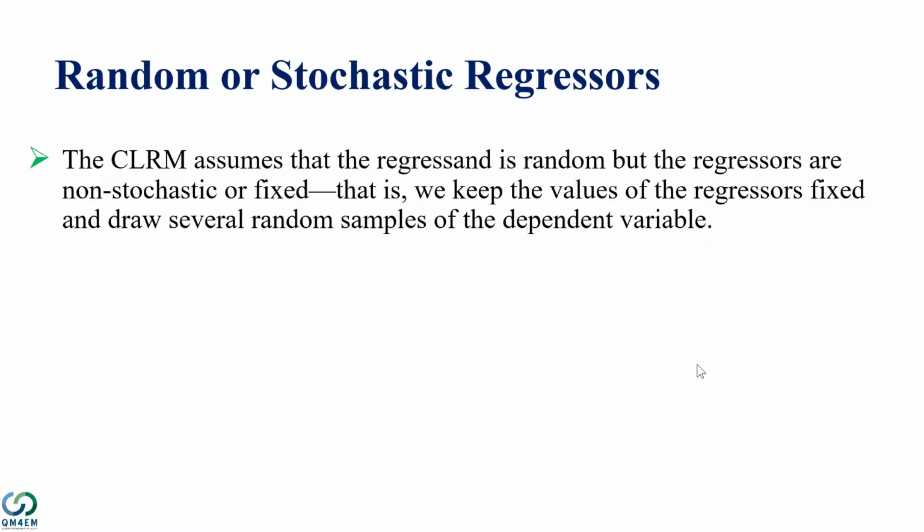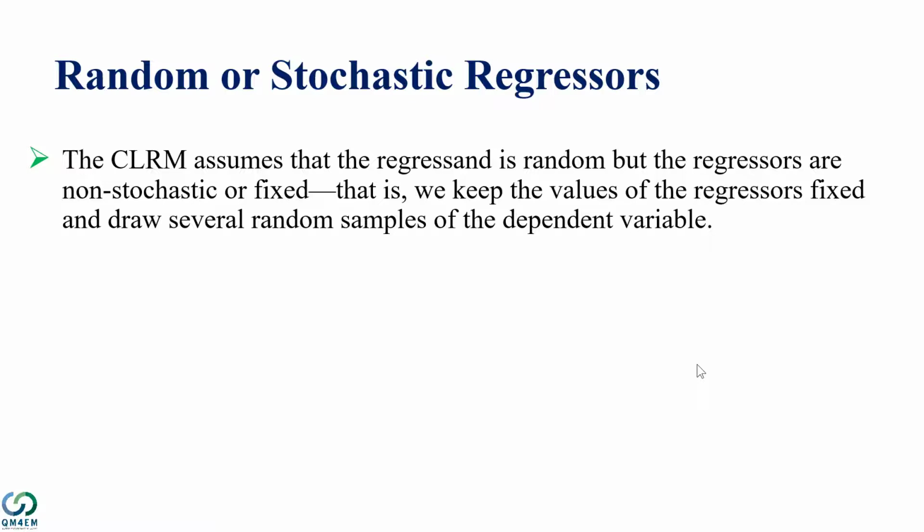There was one assumption which I explained with the example of income and consumption, in which we have seen that the value of x is fixed and the y value is observed for a fixed value of x.